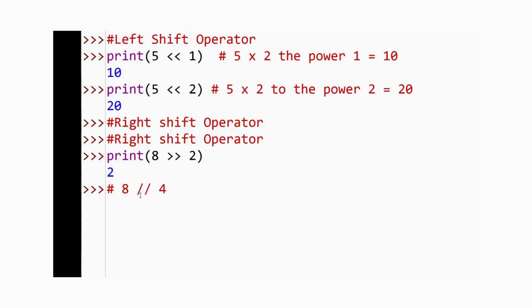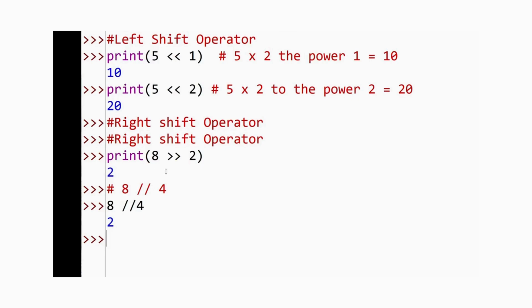So 8 floor division by 4 is simply 2. The 2 is coming here. So right shift is over.